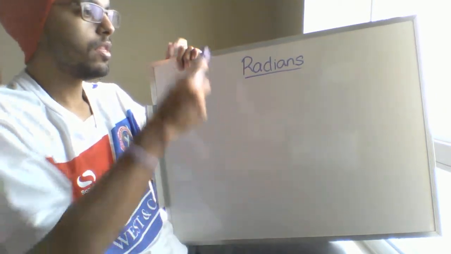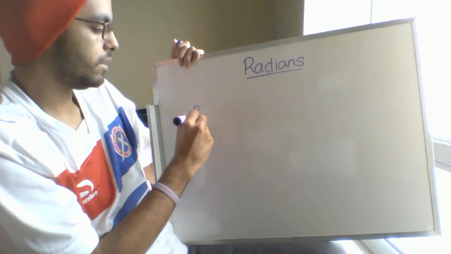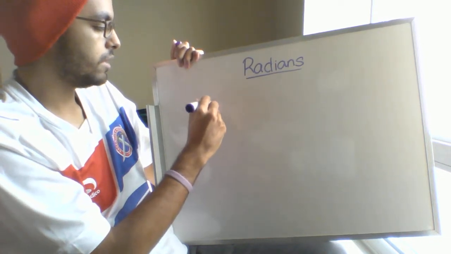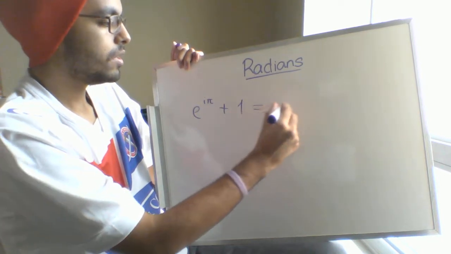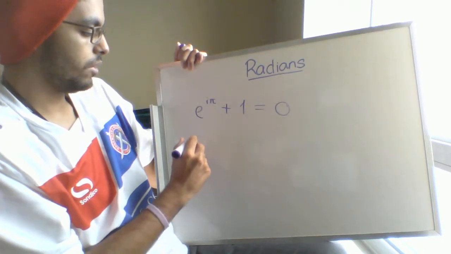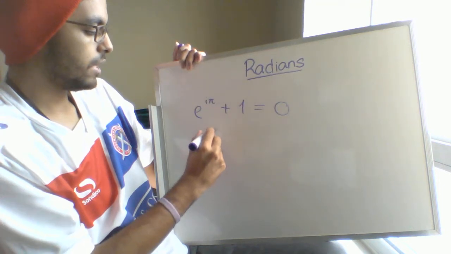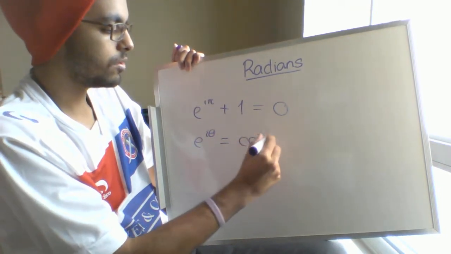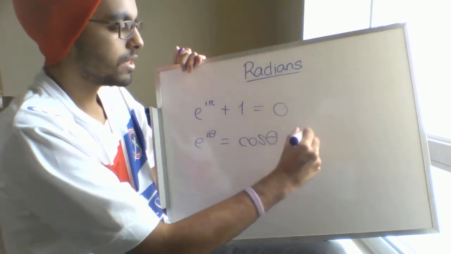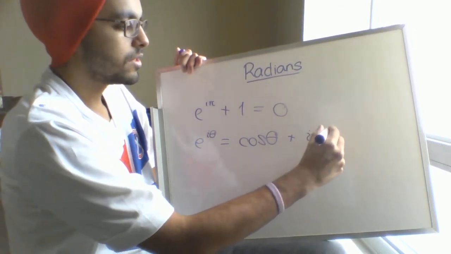When you write out Euler's formula the way I gave it on your formula sheet, you have e to the i pi plus 1 equals 0. But Euler's formula stems from this: e to the i theta equals cosine of theta plus i times sine of theta.